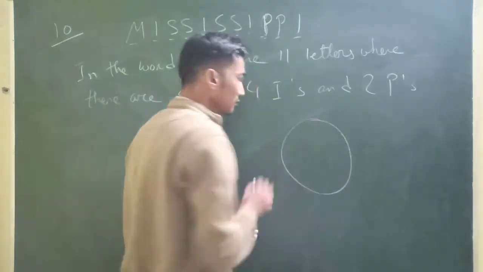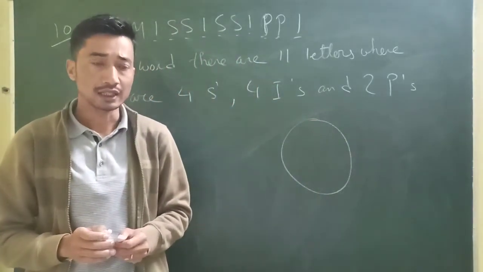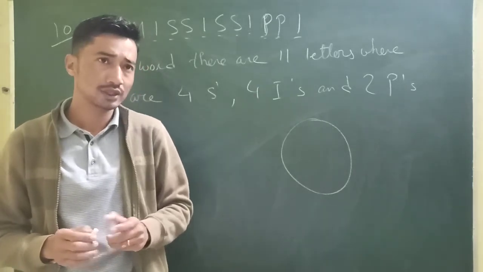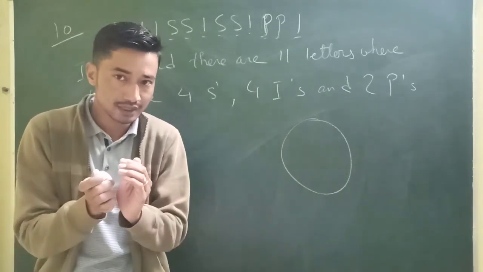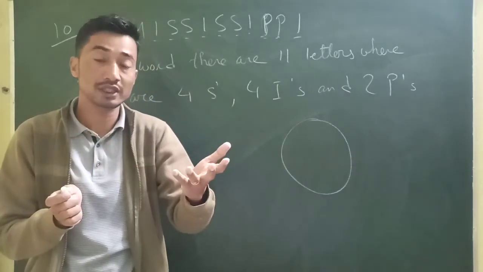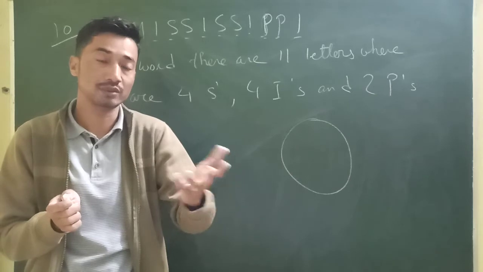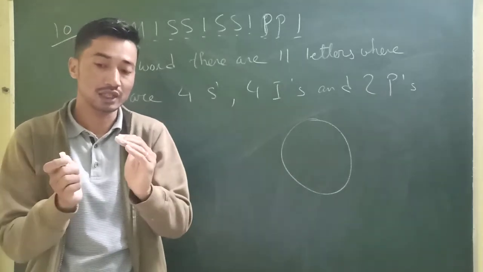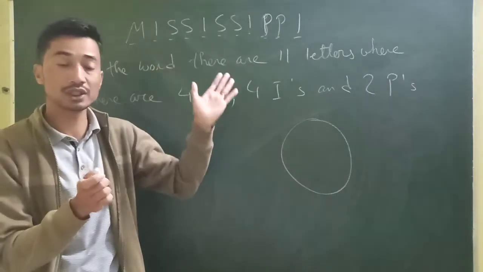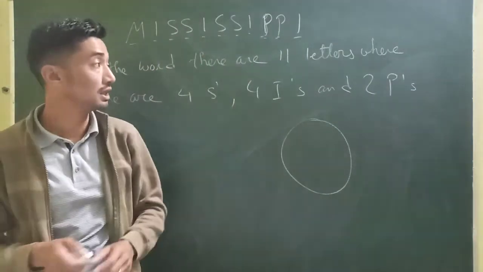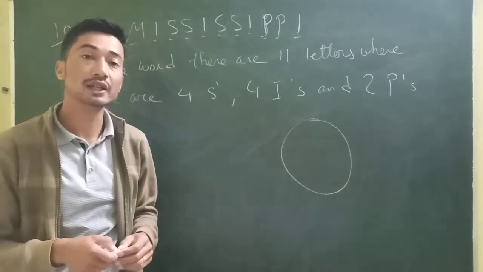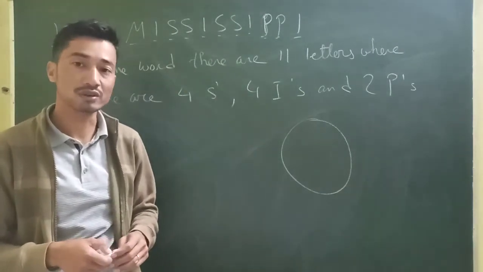Then we will assume that the four I's always come together. That's always going to be an easier way, because for them to never come together, we have only one option: find out the number of arrangements one by one, and that might take you the whole day, maybe a week also.